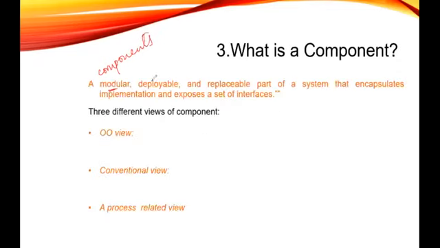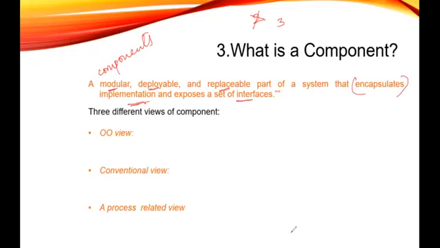So these components are deployable, that is they can be placed within an architecture, and replaceable, that is you can replace. If suppose there is a component named 2, you can completely remove that and you can have an updated version that can be a 3. So it is a replaceable part of the system that is going to encapsulate the implementation and expose a set of interfaces. That is going to tell you what are the different communication points and how this is going to be implemented. This is the definition of component.